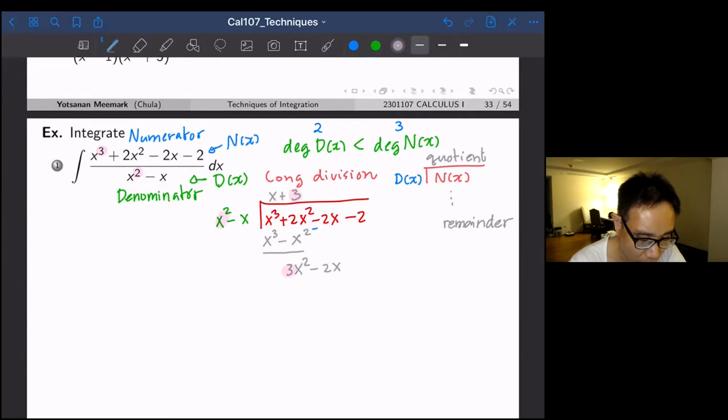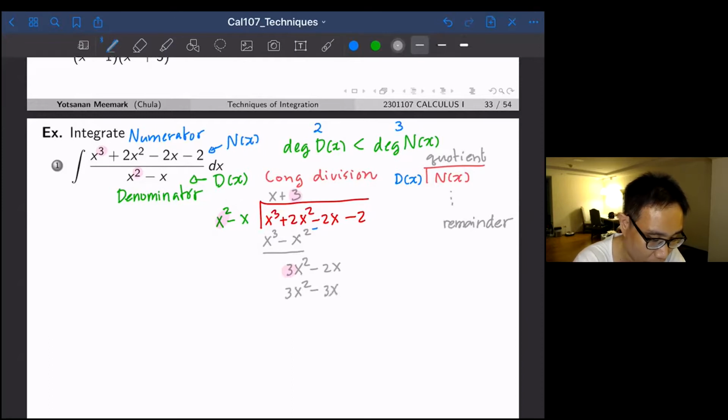Then 3 multiplied by x squared gives 3x squared, and 3 multiplied by negative x gives negative 3x.